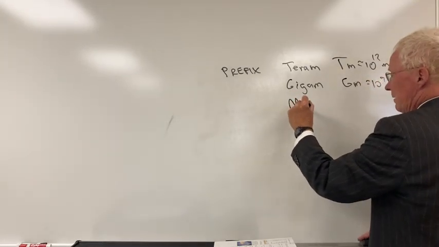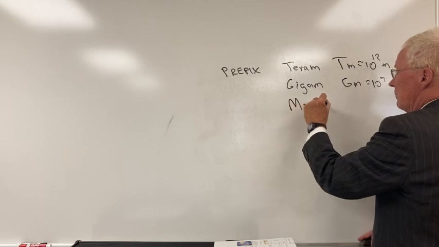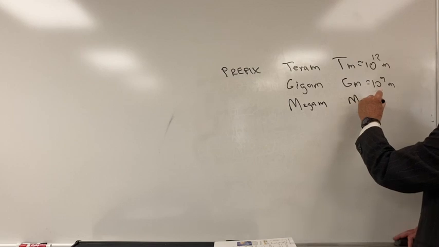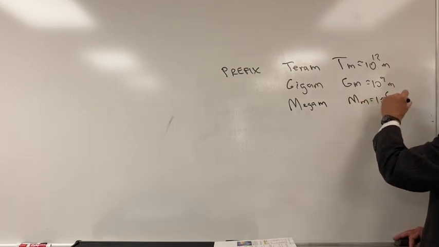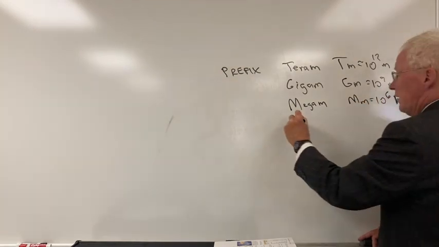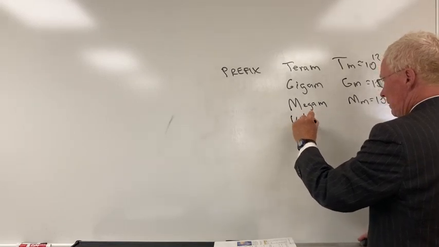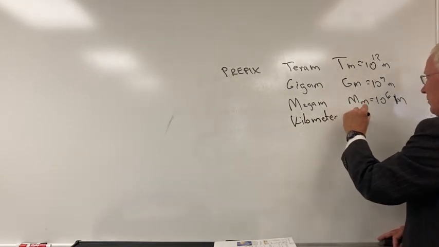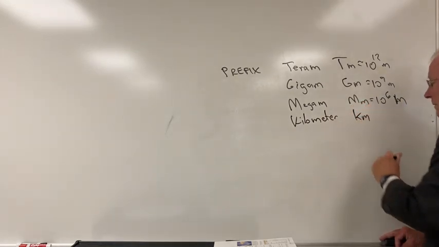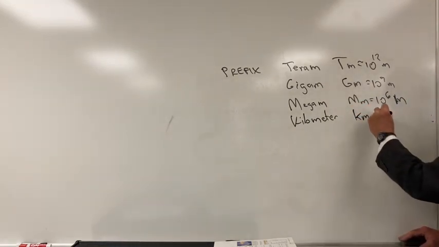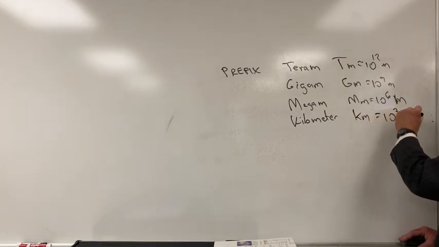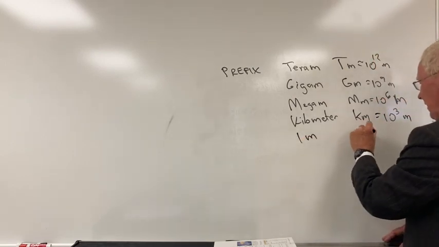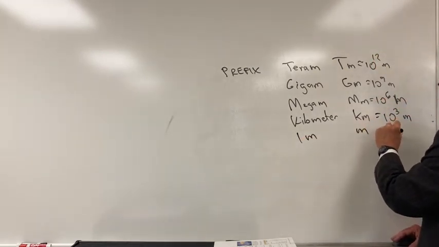Mega, megameter or mega whatever, MM, 10 to the 6th. And kilometer, which is KM. We actually use a little k then, which is 10 to the 3rd. And we use just meter, 1 meter, just M. So that's 10 to the 0.